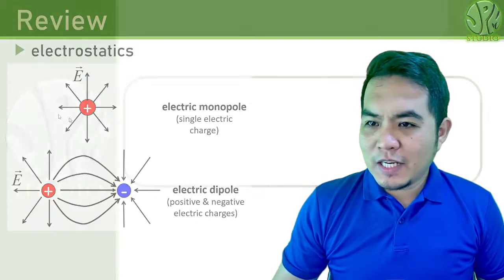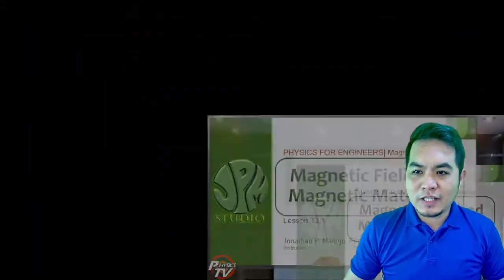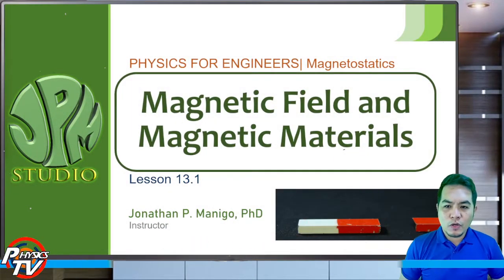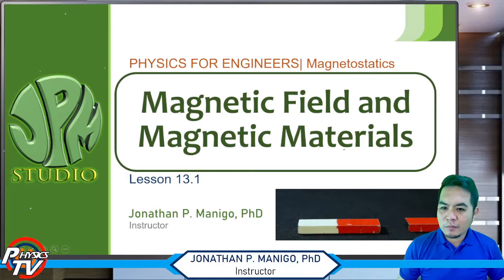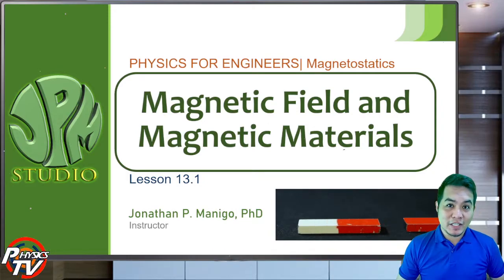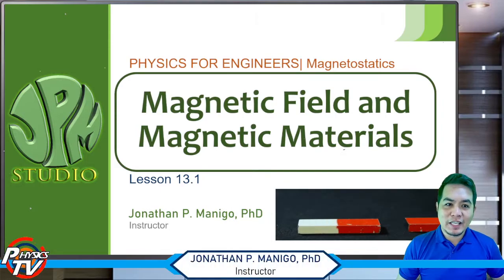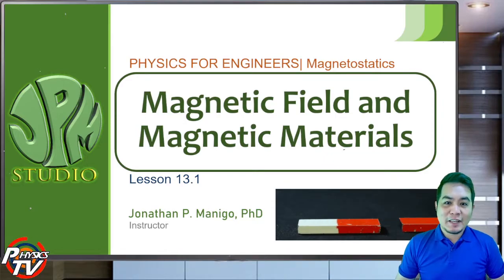For the first lesson of this chapter, we will be talking about magnetic field and magnetic materials. We will try to find the symmetry between electricity and magnetism.